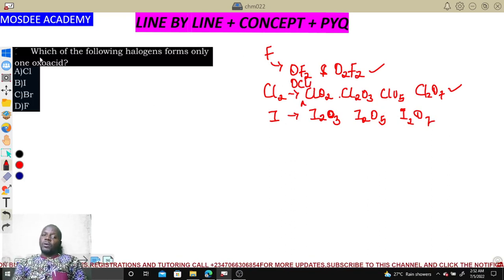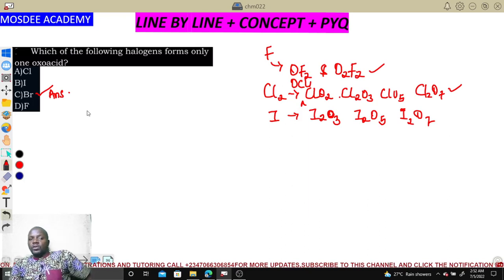So now, from what I've explained here, you can see which of the following forms only one oxoacid. Then we can say the answer to this will be, most of what is here, the only one I did not talk about is bromine. So this should be the answer. Oxo acid, then an acid, OCl, whatever. So that will be the answer.